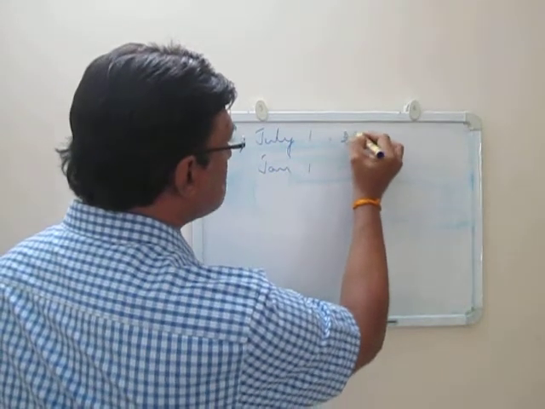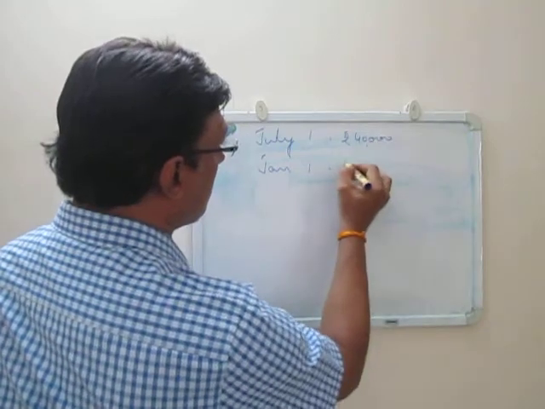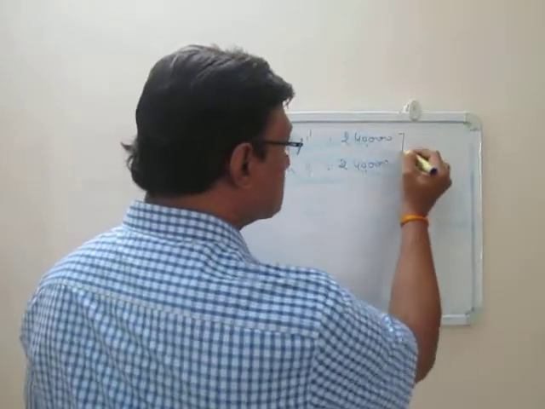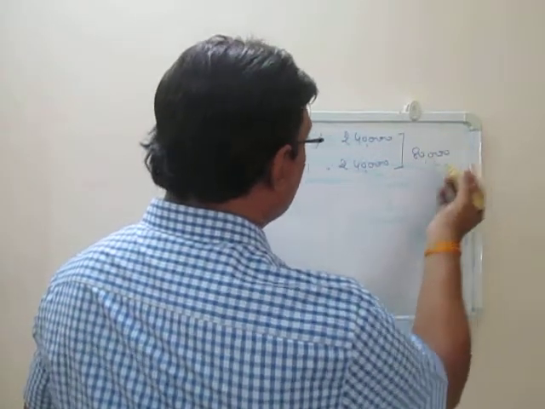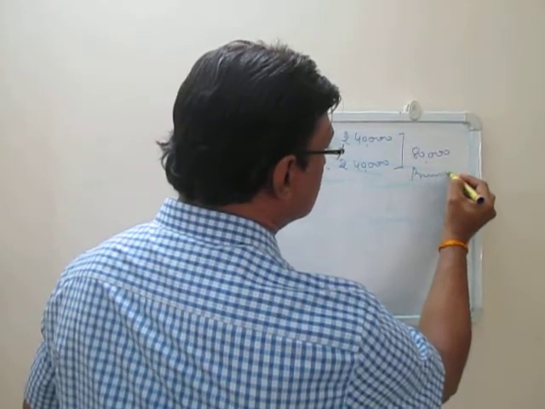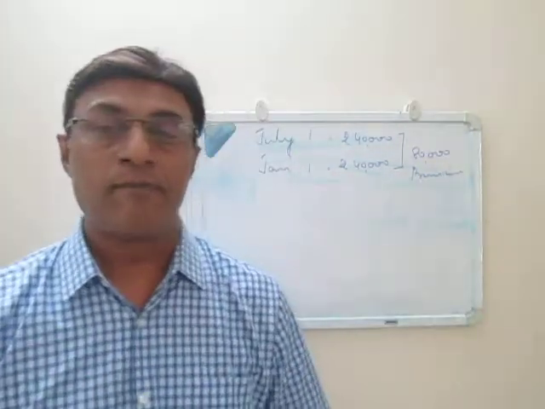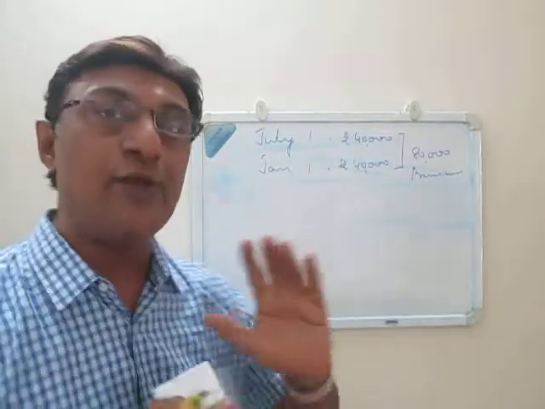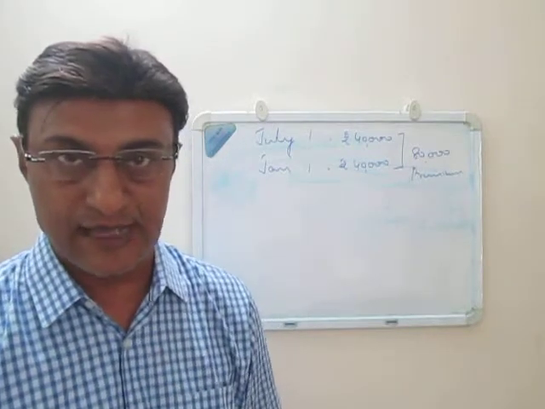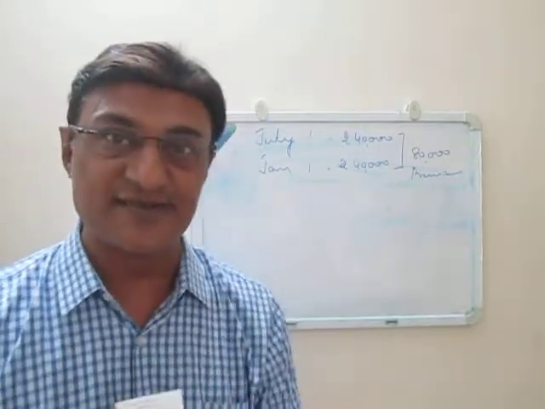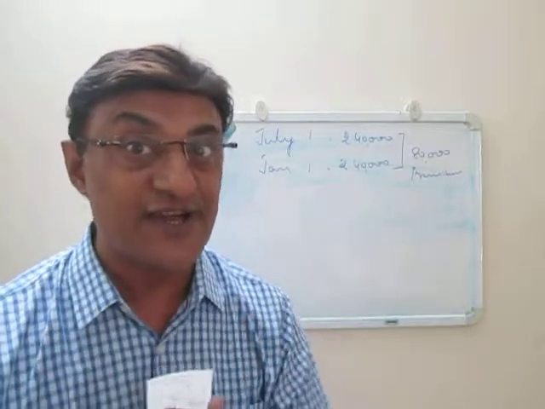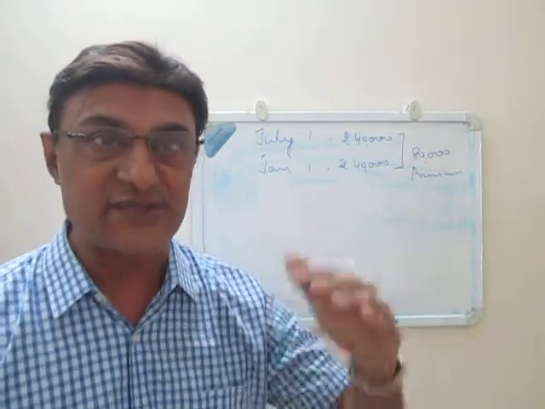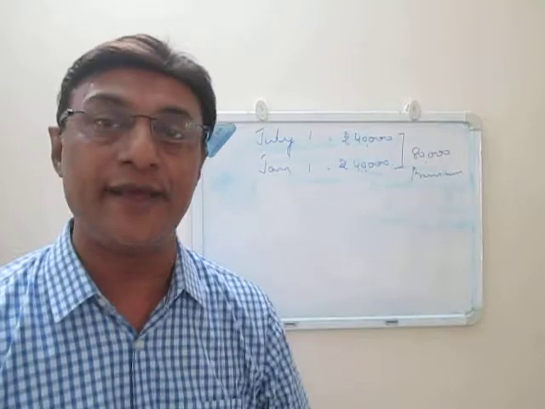Each is a payment of rupees 40,000. So in a year, a total of rupees 80,000 is paid as the premium. I took July 1st first before January 1st because we follow the financial year system. Remember, in a financial year, July comes before January. It starts with April and goes on up to the next succeeding March.